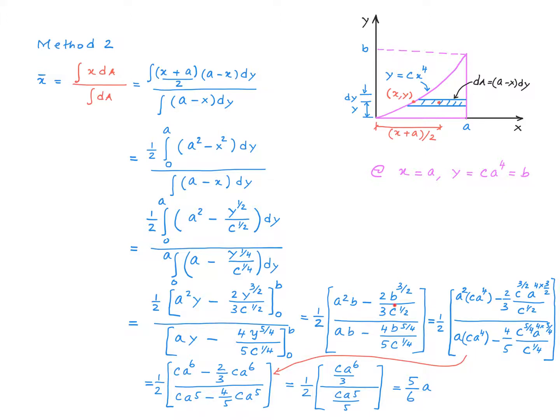So in this step, that's what I used. I used b equals c times a to the power of 4 for b. So that allowed me to keep everything in terms of a, and finally we get a simple expression for x bar like it's supposed to be. So you can see in this particular case, between the two methods, method 1 is a lot simpler than method 2.